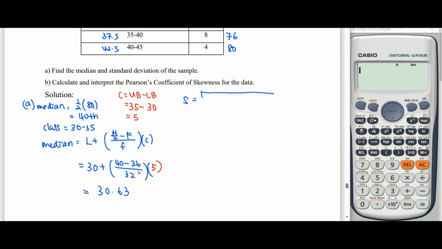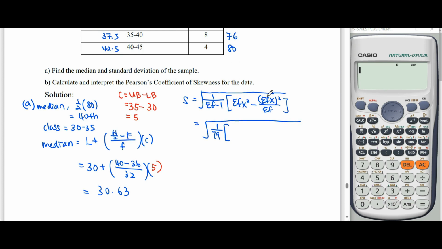The standard deviation of grouped data will be in the formula: square root of sum of f over sum of f minus 1, times sum of fx squared minus sum of fx, the whole power 2, over sum of f. So we need to plug in all the information one by one. So total frequency minus 1, 80 minus 1, 79.